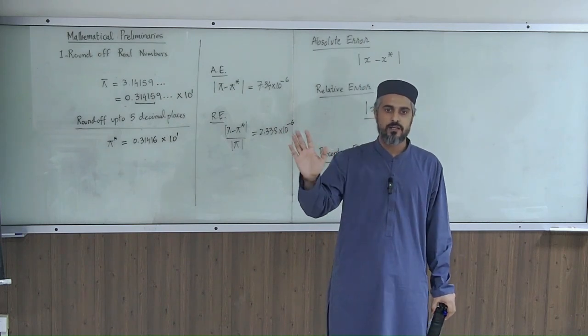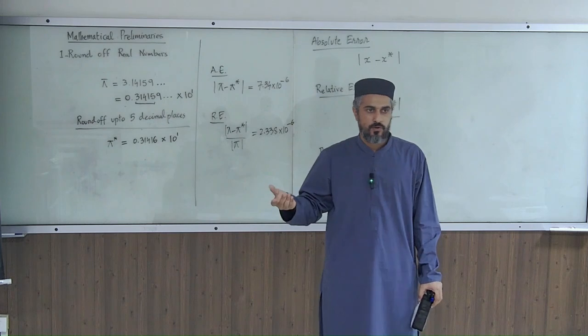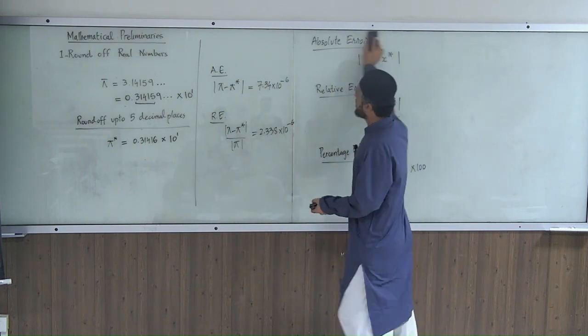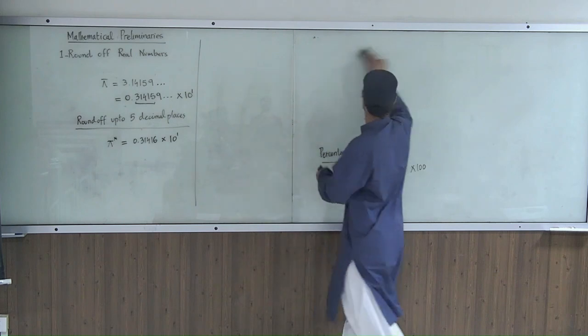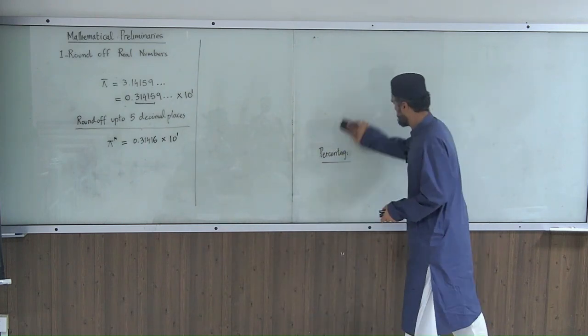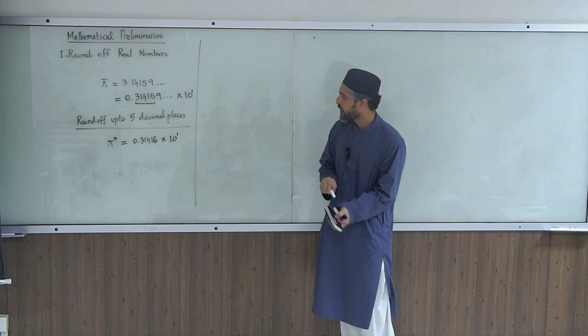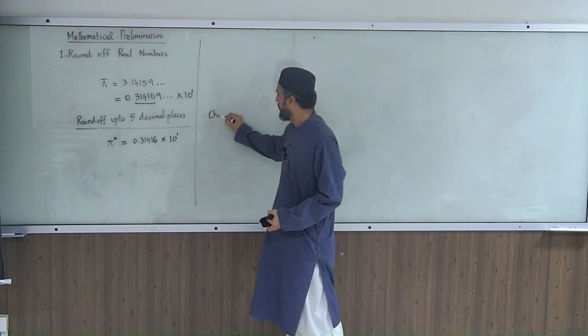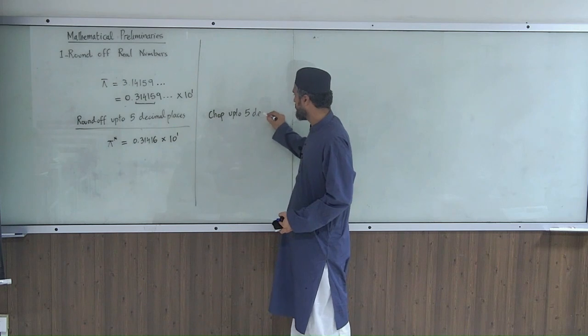You just write the representation up to the decimal places you wish to chop. Okay, so for example, I wish to chop up to 5 decimal places the same number, which is pi.